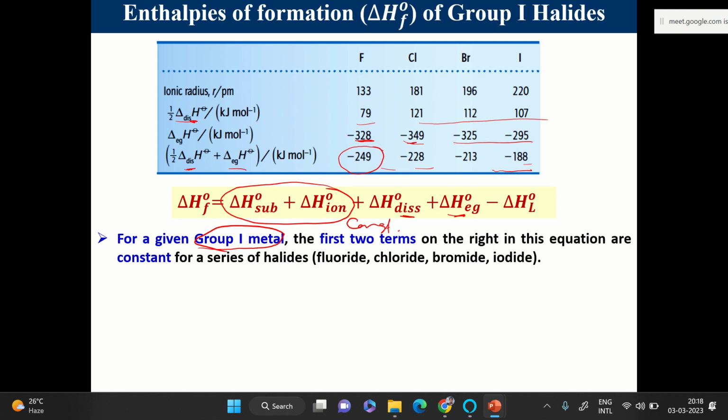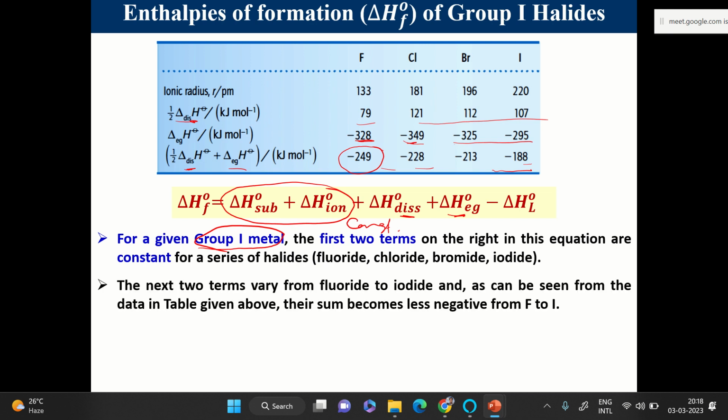These two terms will keep varying from fluoride to iodide. This is what we are talking about: what will vary is the dissociation energy and electron gain enthalpy.